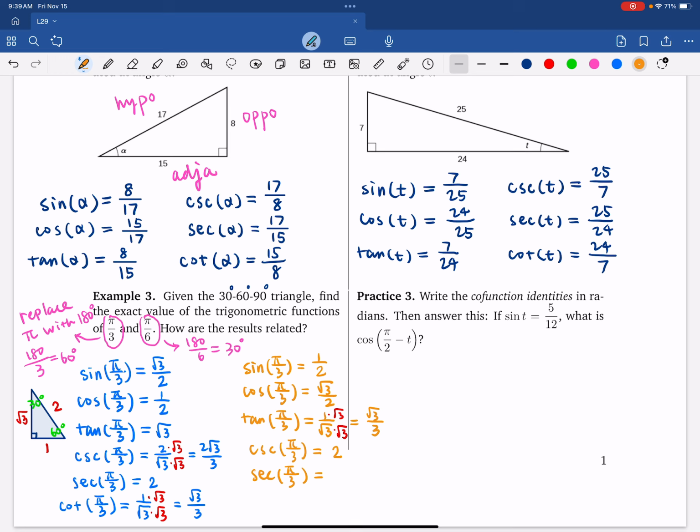That's the reciprocal of cosine, so that will be 2 over radical 3. We're going to rationalize this. Multiply both the top and the bottom by radical 3. That leads to 2 radical 3 over 3. And finally, cotangent of pi over 6 is the reciprocal of tangent, so I'm going to use this number right here. So it will be radical 3.